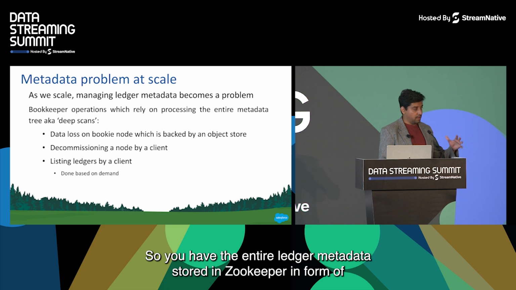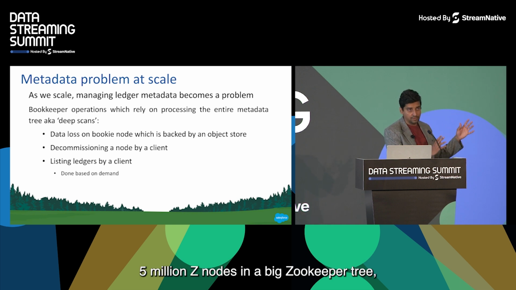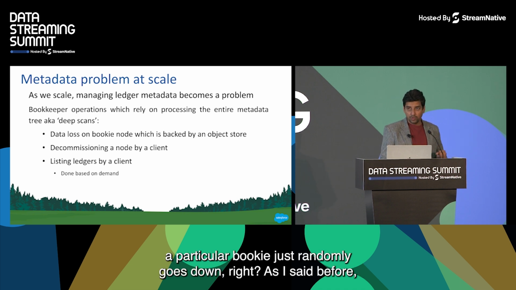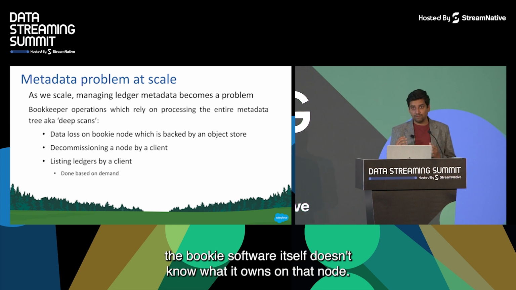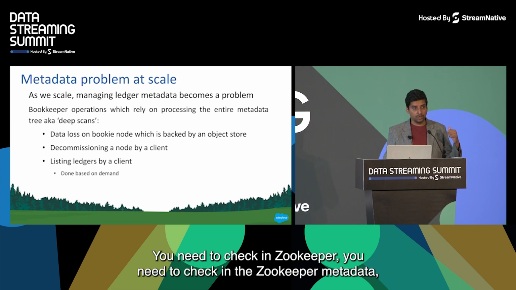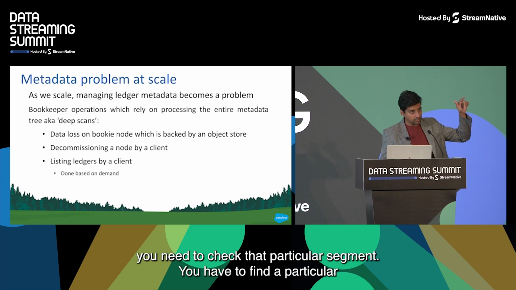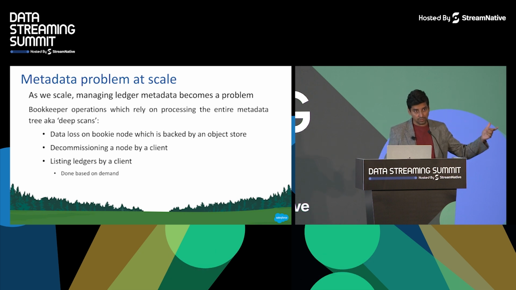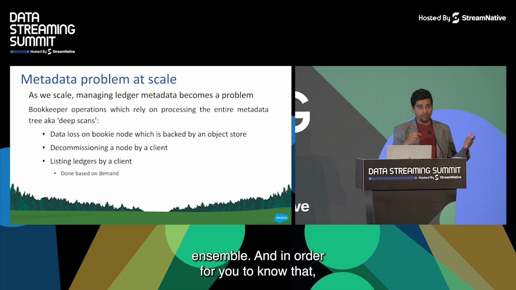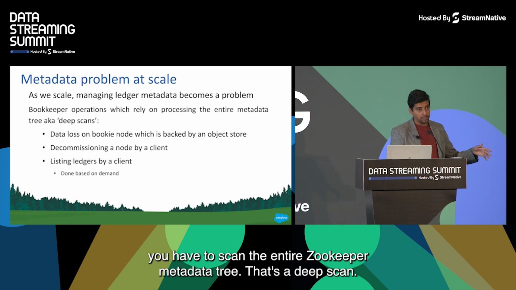You have the entire ledger metadata stored in ZooKeeper in the form of 5 million ZNodes in a big ZooKeeper tree. A particular bookie just randomly goes down, right? As I said before, the bookie software itself doesn't know what it owns on that node. You need to check in the ZooKeeper metadata, you need to check that particular segment, you have to find a particular ensemble. And in order for you to know that, you have to scan the entire ZooKeeper metadata tree.